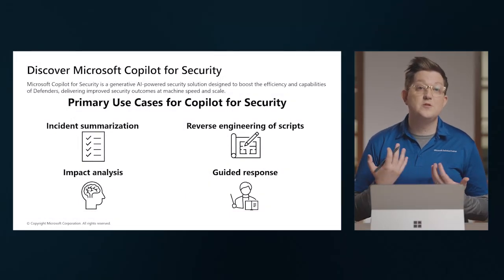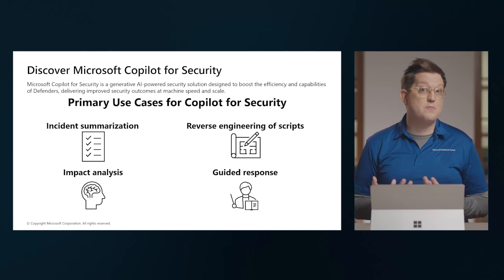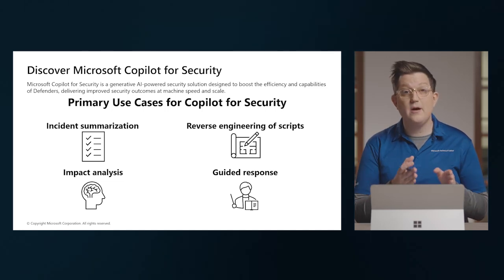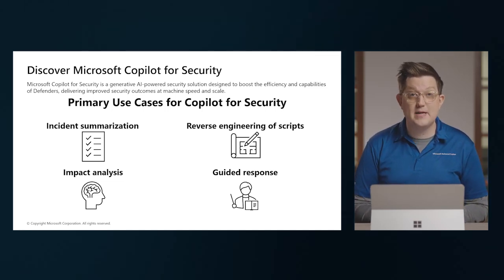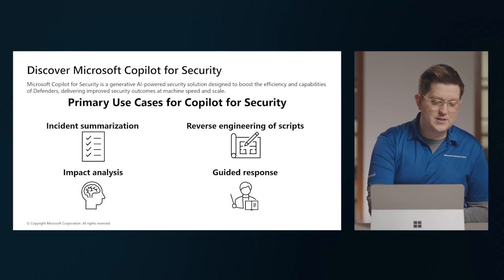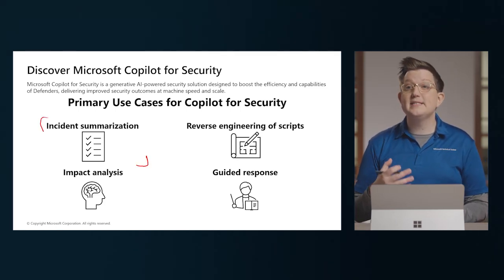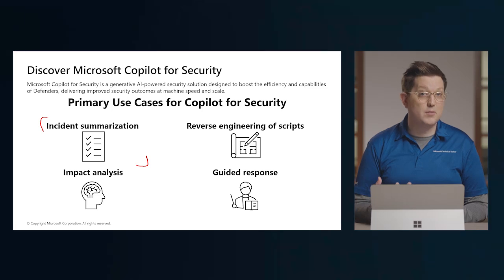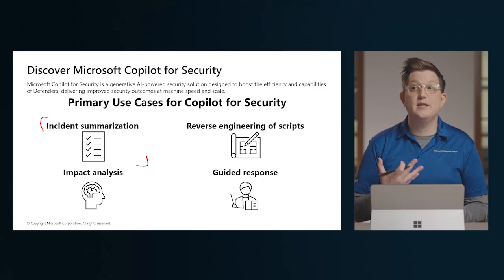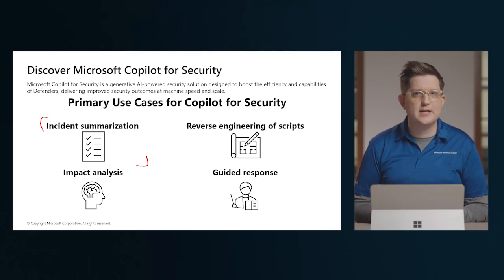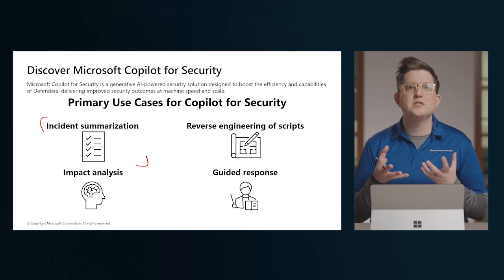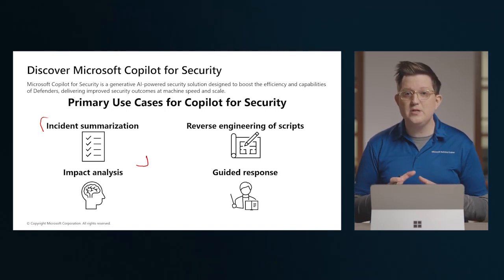Copilot for Security was built from the ground up for security professionals. So there are 4 primary things that it was meant to do. The first is incident summarization. The ability to take a multi-step, multi-stage incident that contains lots of moving parts and be able to give you something that you can easily point to and say, this is what happened.